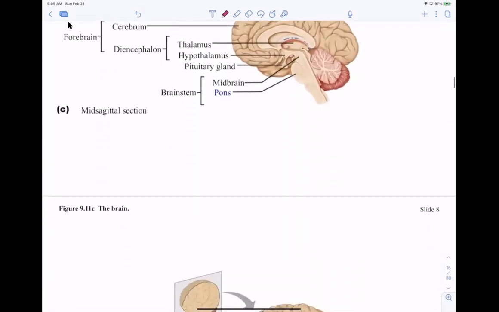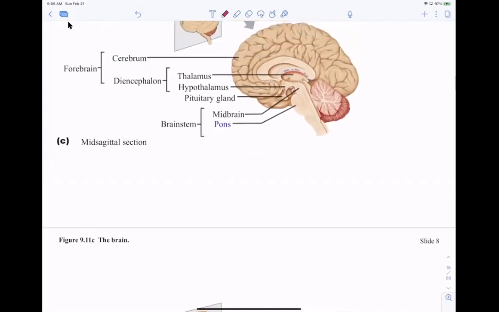And then you have the pons. Pons has some centers for breathing and respiratory and cardiovascular centers. It also is kind of a relay for sensory information, proprioception for balance and equilibrium, and muscle spindles and Golgi tendon apparati, things that are telling your brain what your muscles and tendons and joints are up to.